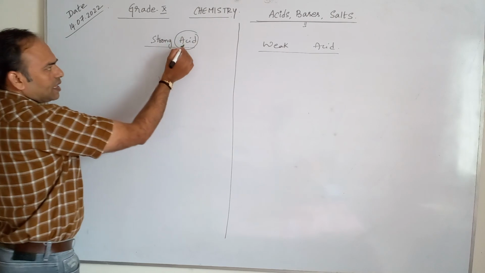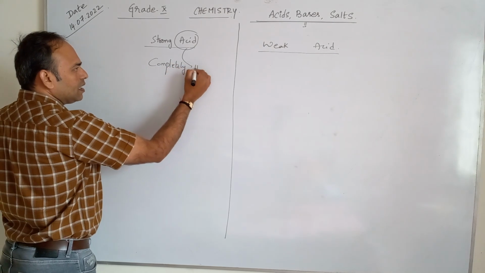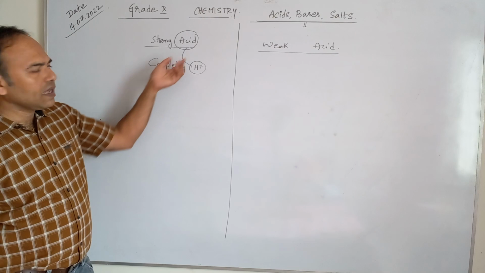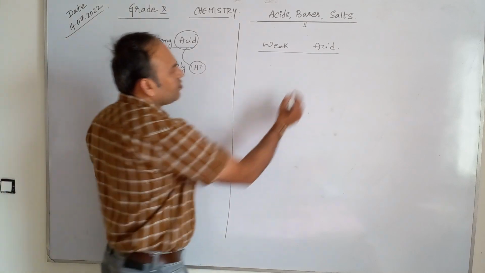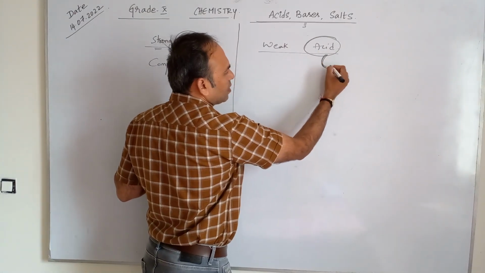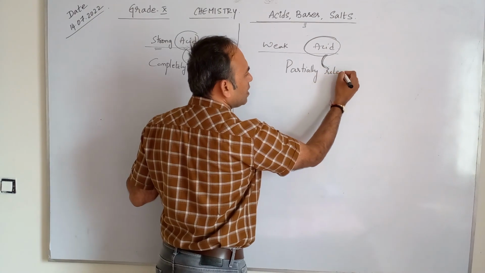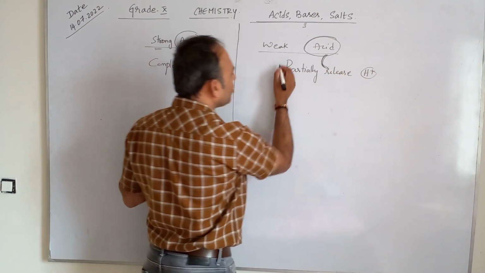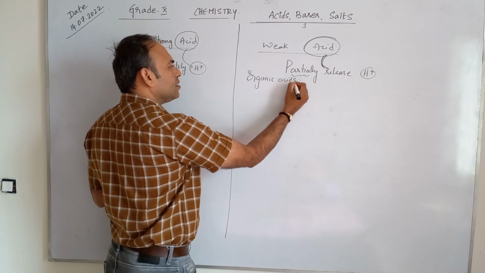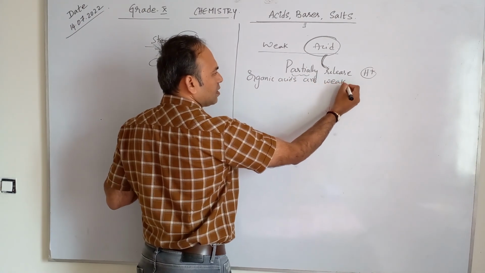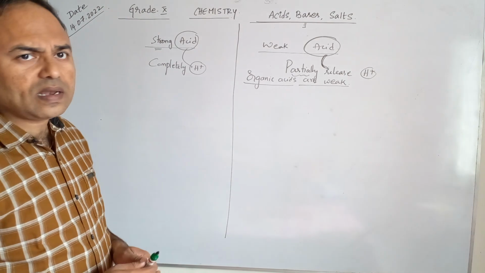According to the theory, any acid which completely releases H plus ions, very important, is known as a strong acid. What is a weak acid? Any acid which partially releases H plus ions is called a weak acid. And one more hint, all the organic acids are weak. Organic acids are weak. So with this information we can take some examples and solve this.